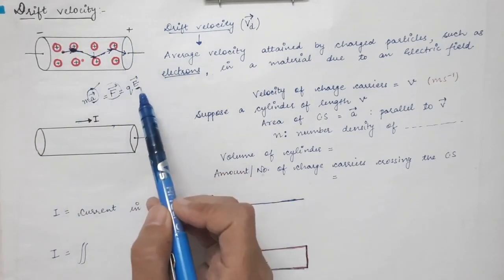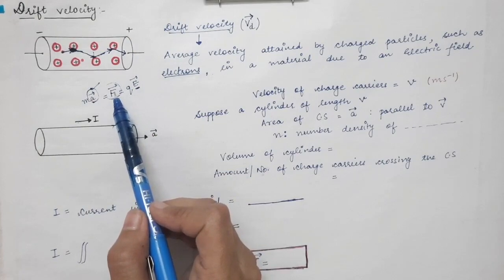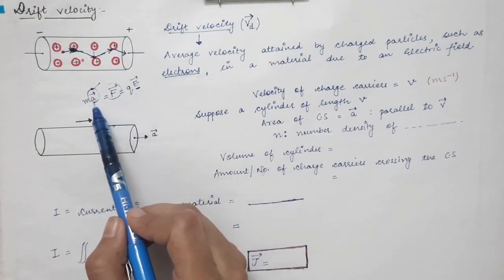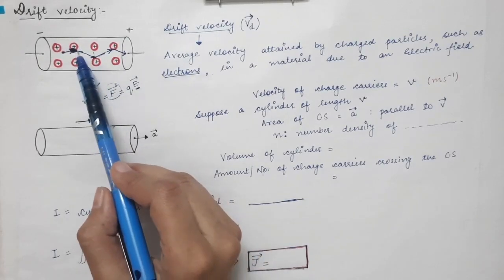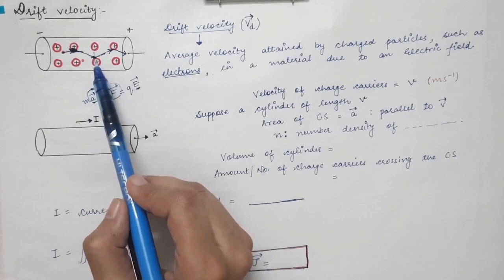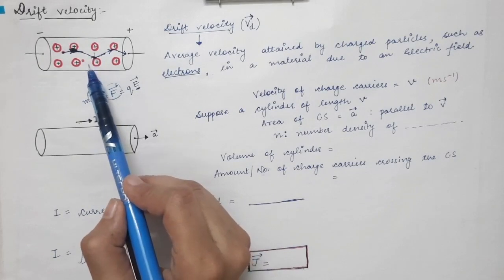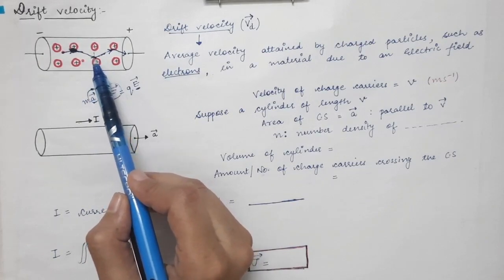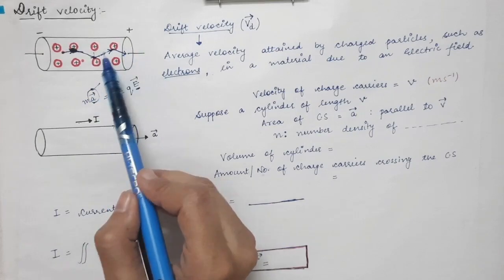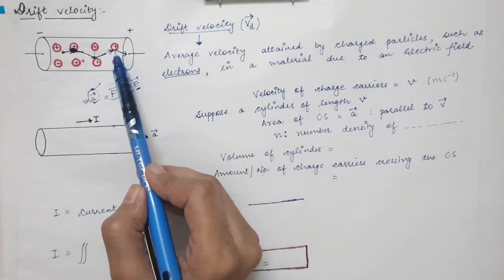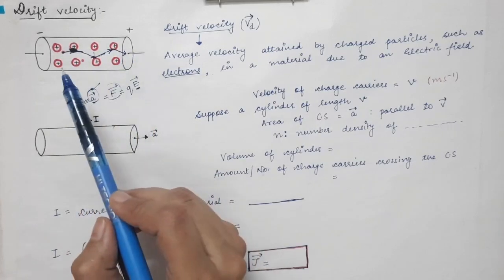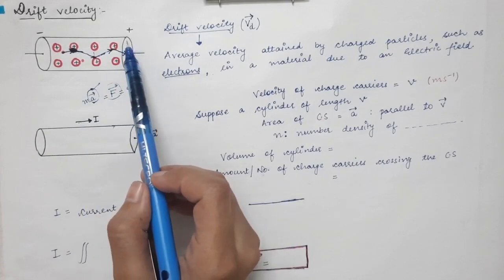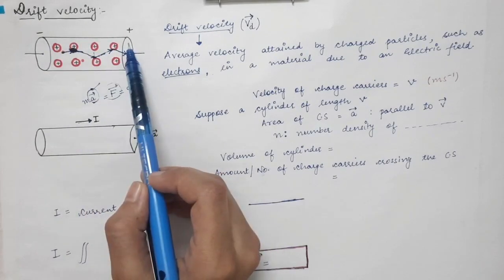Every time there will be some force experienced on the electron, and hence its velocity will increase. There will be non-zero acceleration. So after this collision, again its velocity will increase, and when it collides with the positive ion again, its velocity will drop to zero, and then again it will move towards the positive end and its velocity will increase. This is how the electron travels across the length of the conductor or any conducting material when an electric field is applied across the ends of the material.